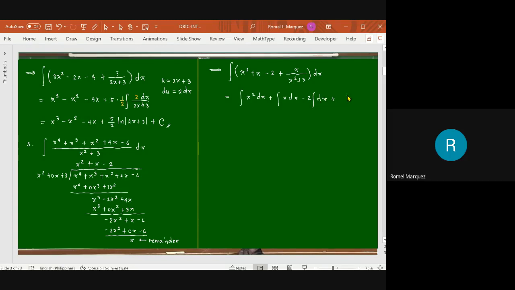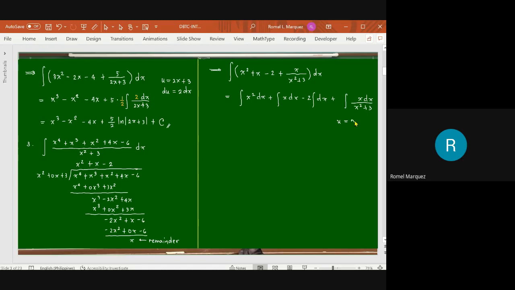we have integral of x dx over x squared plus 3. Okay? Now, to be able to evaluate this last integral, we try to apply the integral of du over u, logarithmic integration.